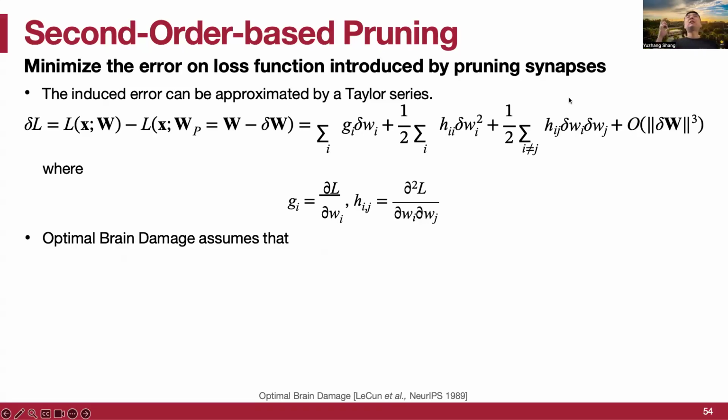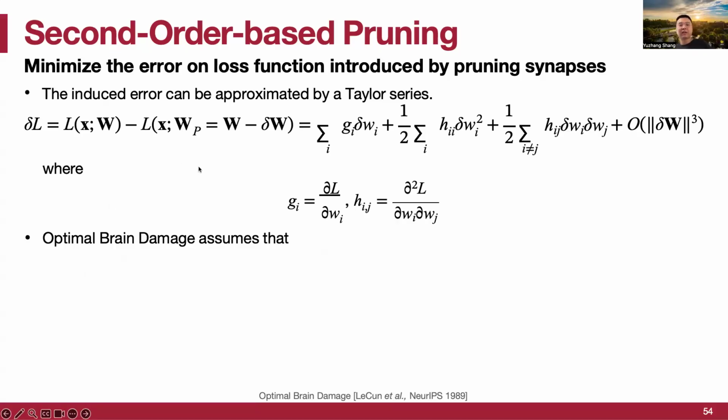Because the objective of optimizing those neural networks is to optimize the loss function, right? And those pruning algorithms introduce some errors, because the pruning still causes some errors for the loss function, right?